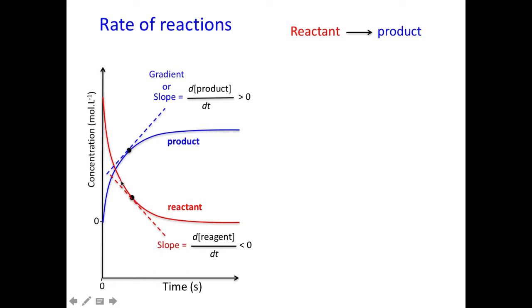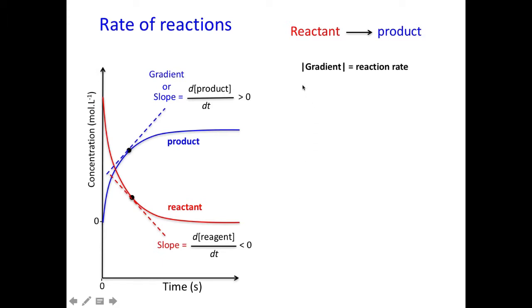And you can see that if you take this point in the beginning, the slope is much more negative, and it gets less negative with increasing time. And if you take this point in the very end, the slope would be 0, because the dashed line would be horizontal in this case.